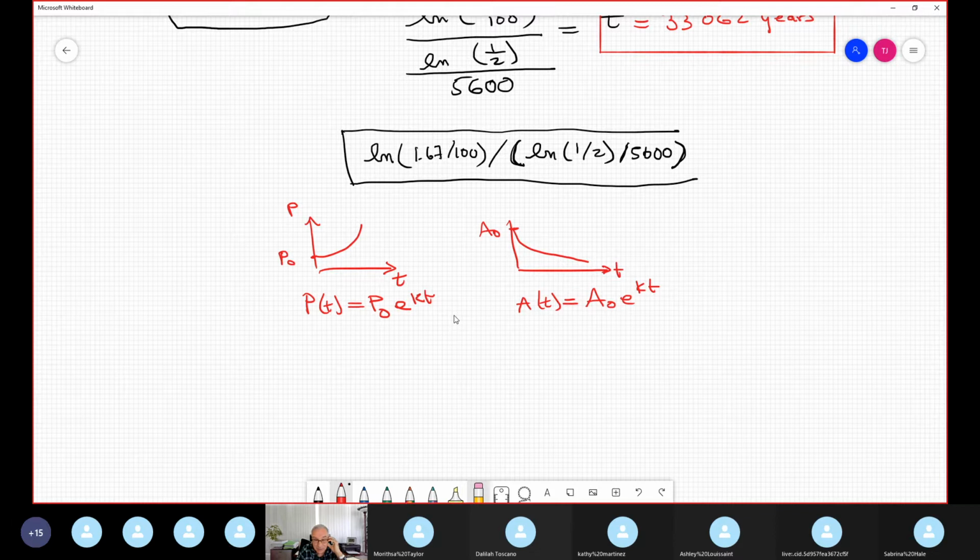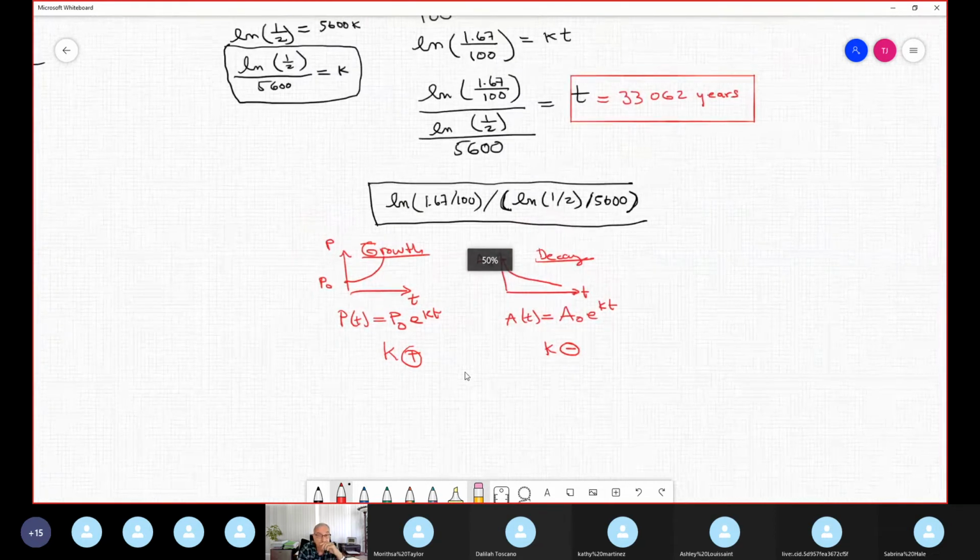The only difference between these two is that here k is a positive number, and there k is a negative number. That is the reason this is decreasing, decay, and this is increasing, growth. Clear or confusing? I promise in the test you see one problem of this, okay?